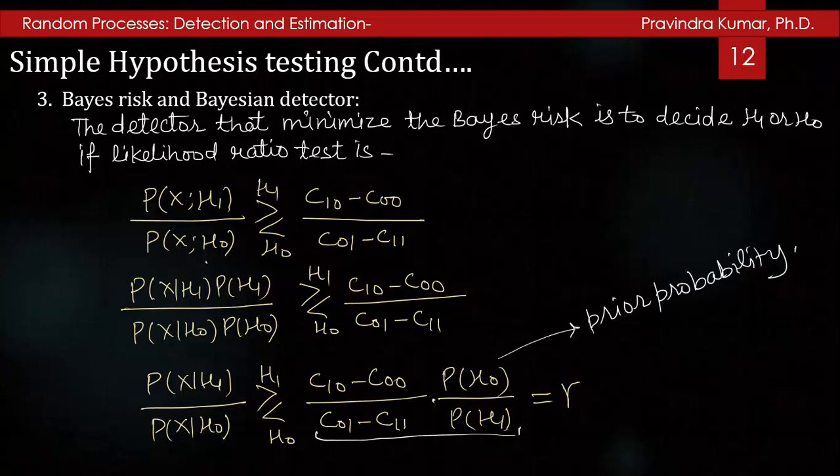And this is the conditional likelihood ratio, where the PDF is given in the conditional form, and here the threshold gamma also depends on the prior probabilities of each hypothesis and also the cost related to each error and correct decision. This is known as the Bayesian detector.